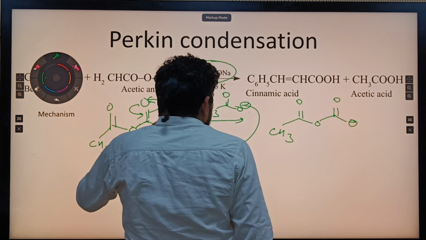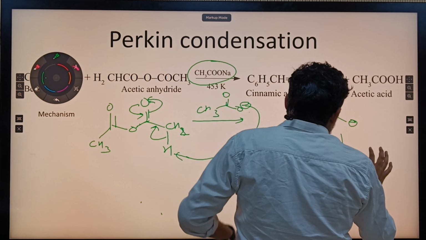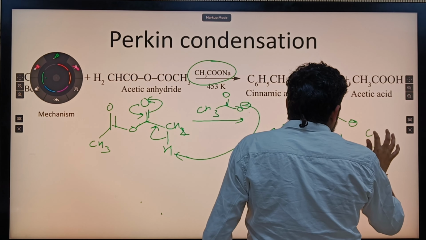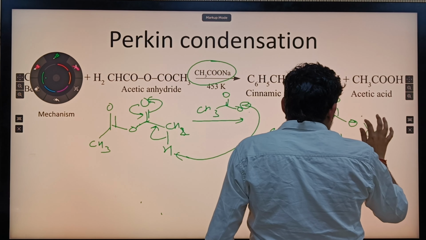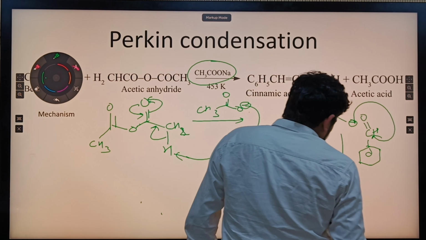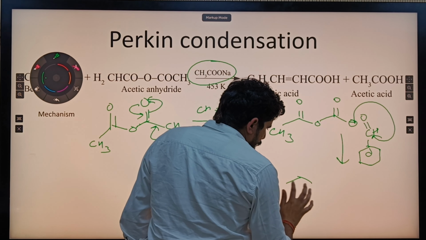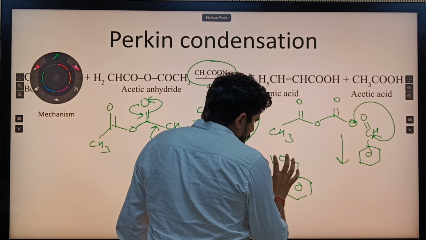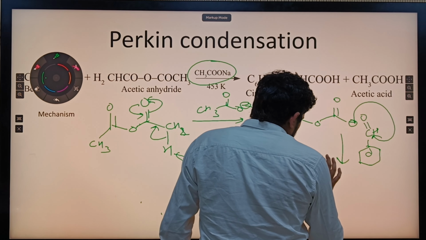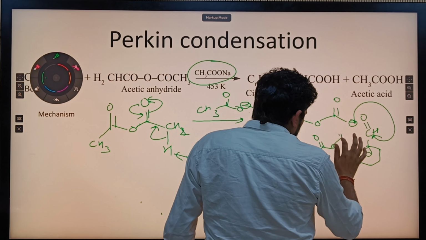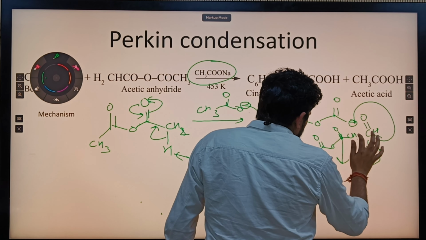Further we have benzaldehyde in this reaction, CH oxygen. The negative charge will attack the carbonyl group of the benzaldehyde. So OH negative, CH2, double bond oxygen, oxygen, double bond oxygen, and CH3 group.